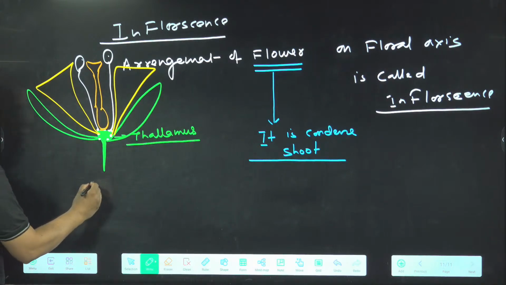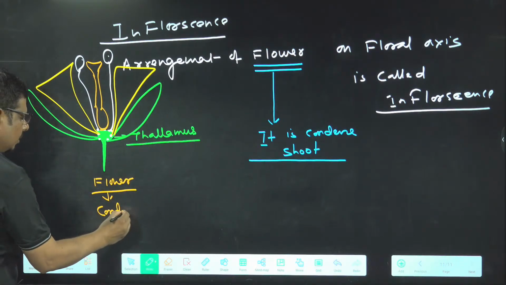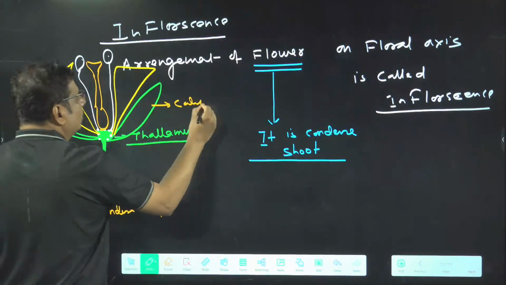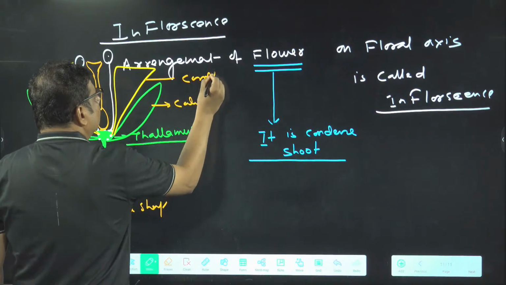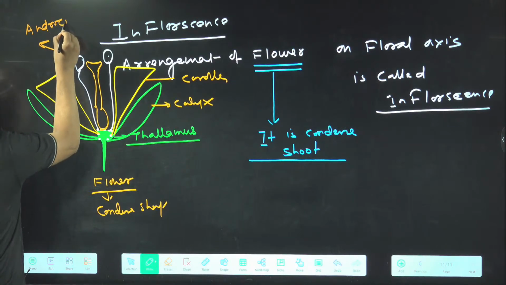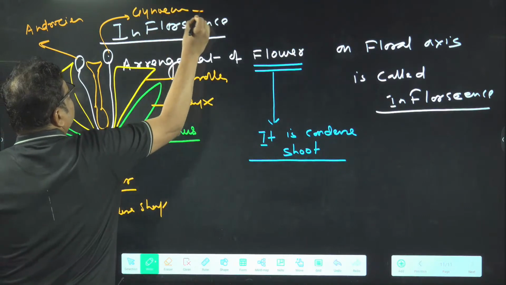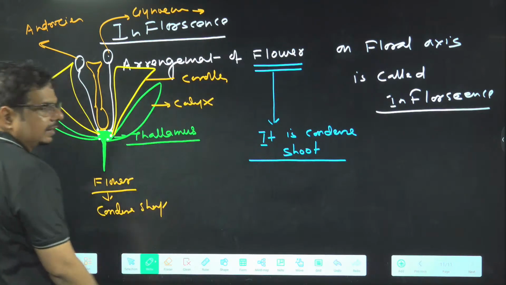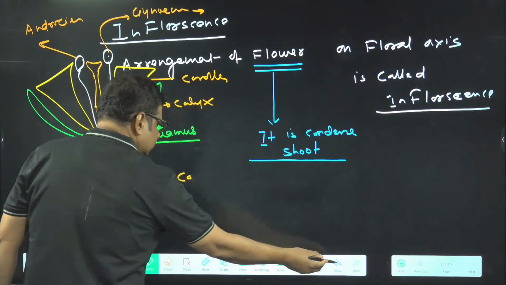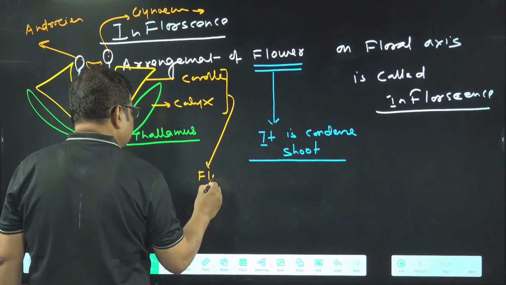So it is what basically? It is a flower, and basically it is a condensed shoot. And these all are what basically? Calyx, corolla, androecium, and gynoecium. These all are floral leaves.